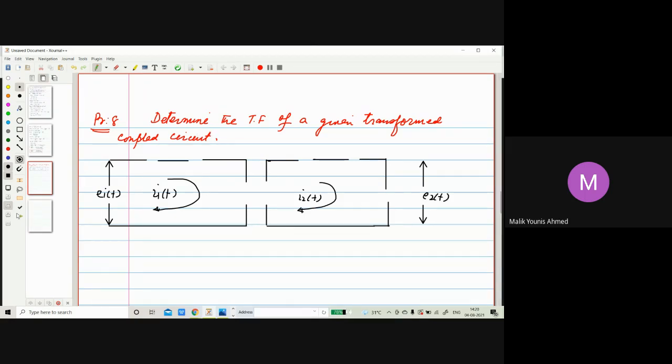So here it is, first is resistor, then we have a capacitor, then we have an inductor here, then we have again a capacitor, then we have again resistor.